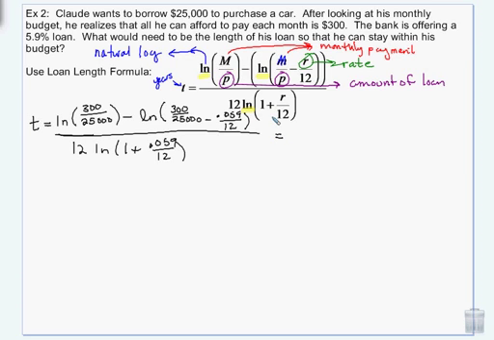Okay, so the first thing I'm going to do is take 300 and divide it by 25,000. And then I'm going to divide 0.059 by 12.